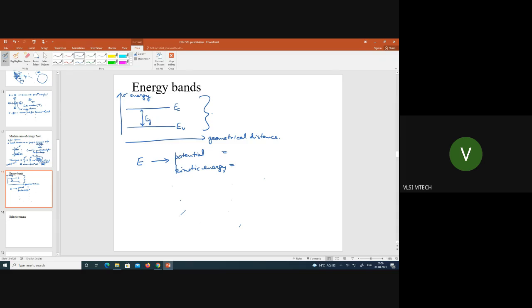Anyone? E by 2 maybe. Like potential E by 2 and kinetic E by 2. No. Okay. So what is band gap here? Do you know what the band gap means?